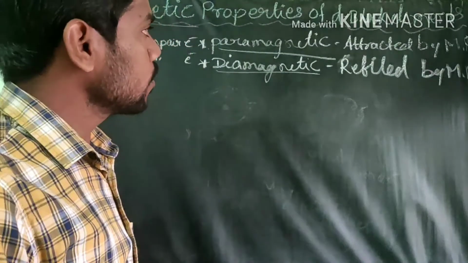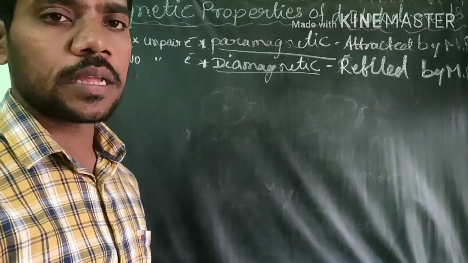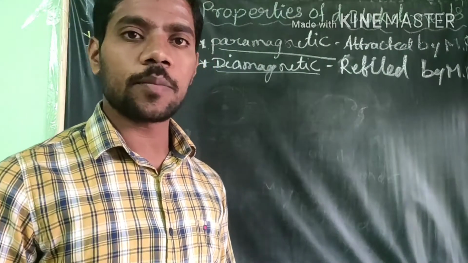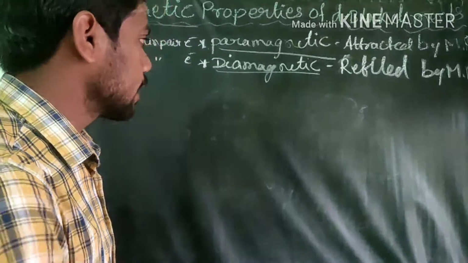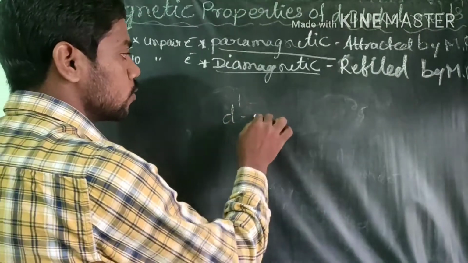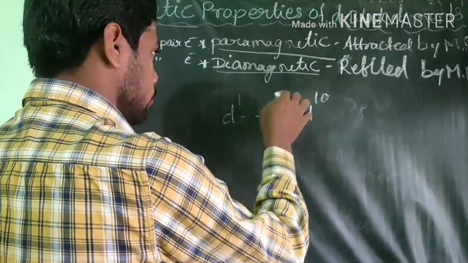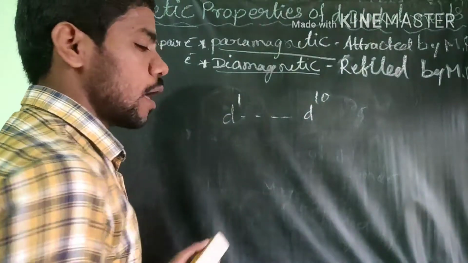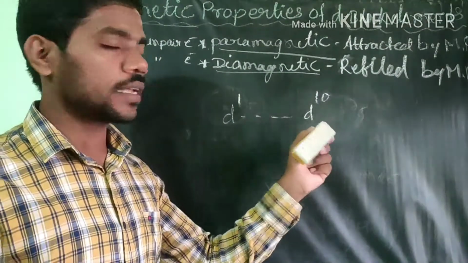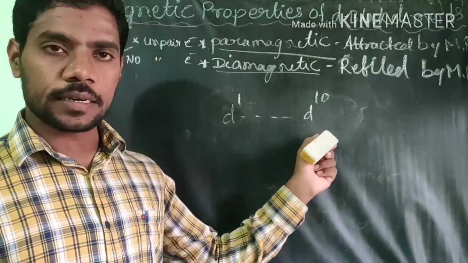Okay, from this we go to all d block elements. All d block elements have outermost (n-1) d orbital d electrons, right? All have outermost d1 to d10. All d block elements containing d1 to d10 electrons have unpaired electrons, right?